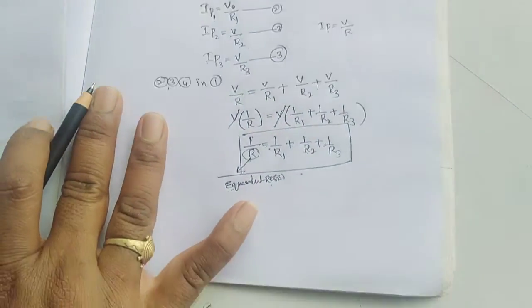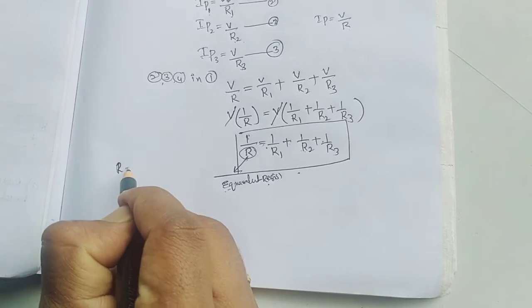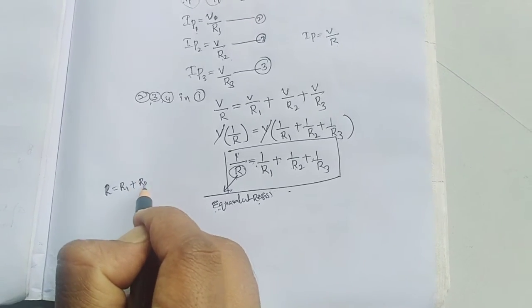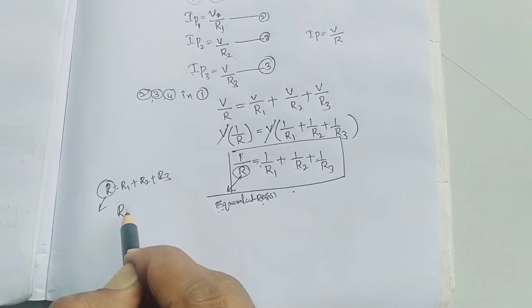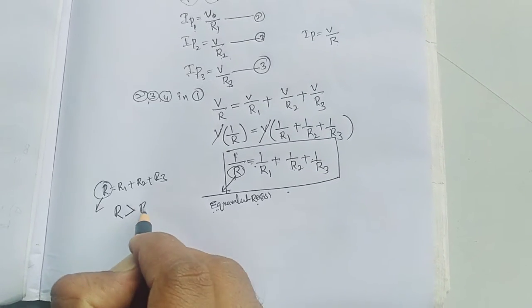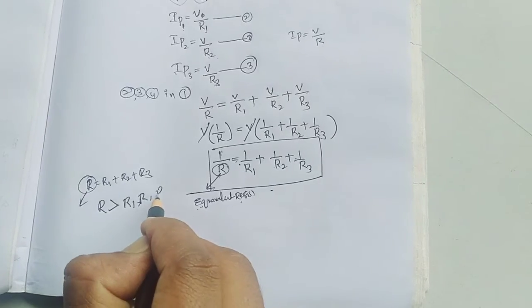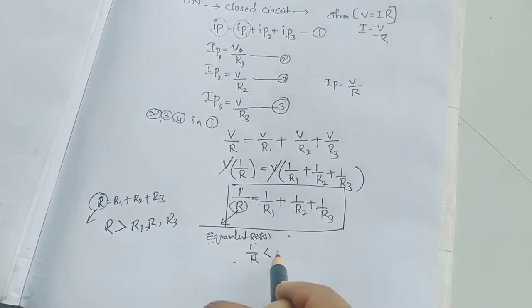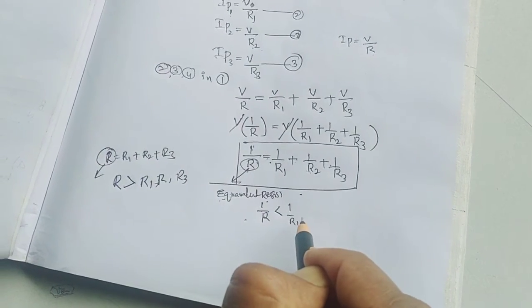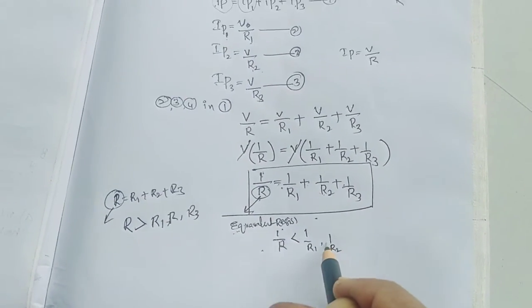As you know, in the previous class we learned that R is equal to R1 plus R2 plus R3, so that R value is always greater than R1, R2, R3. But here the 1 by R value is less than 1 by R1, 1 by R2, 1 by R3.